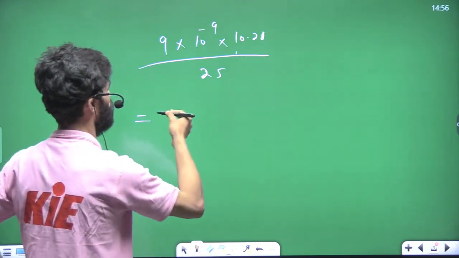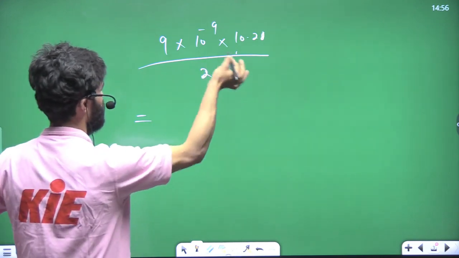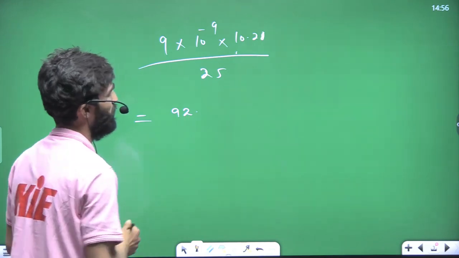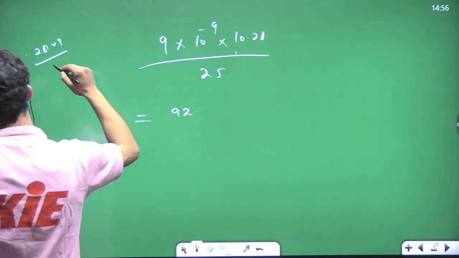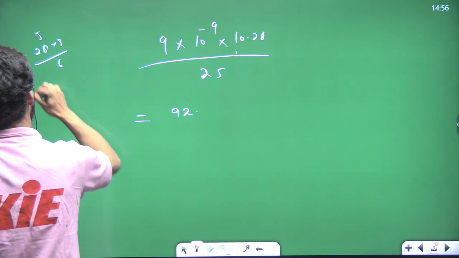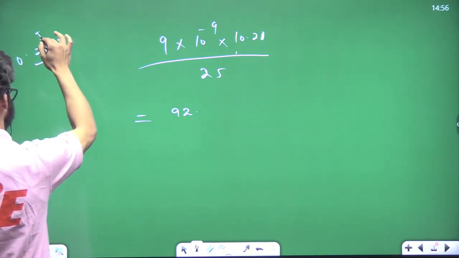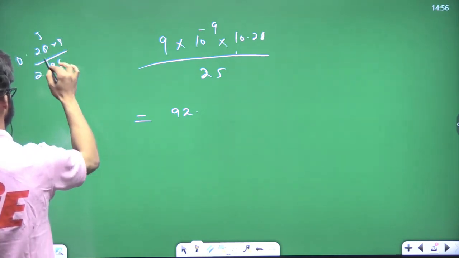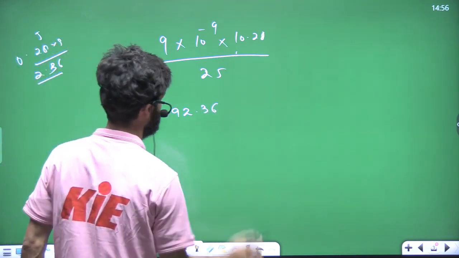If we calculate this sideways, 9 into 10 to the power 28 is going to be almost 92 point something. 9 tens are 90, and now 0.28: 9 eights are 72... 9 sixes are 54, 9 twos are 18, and it is going to be almost 92.36.